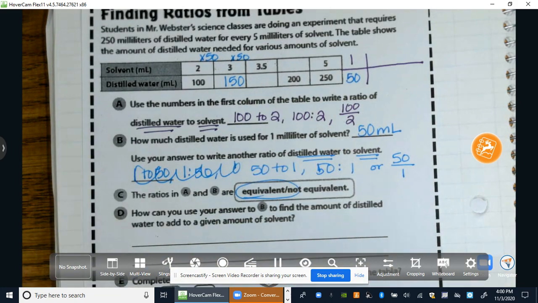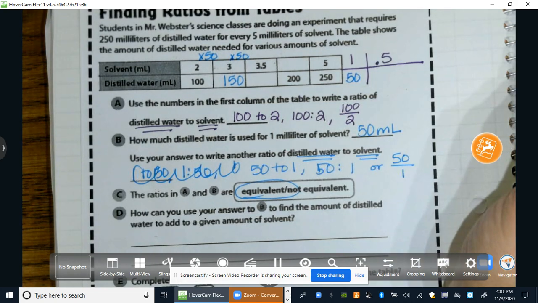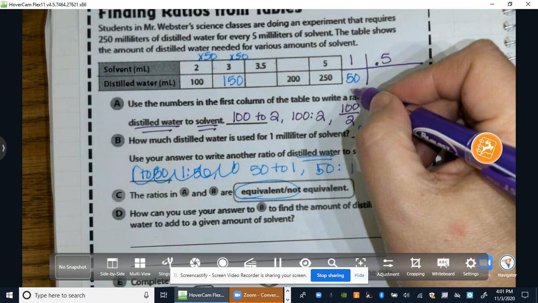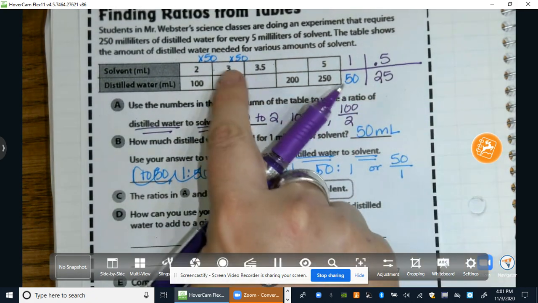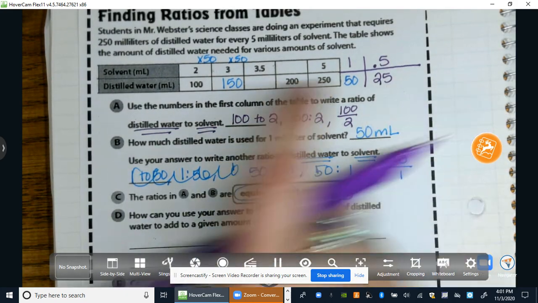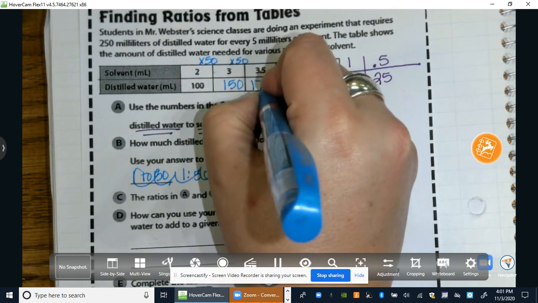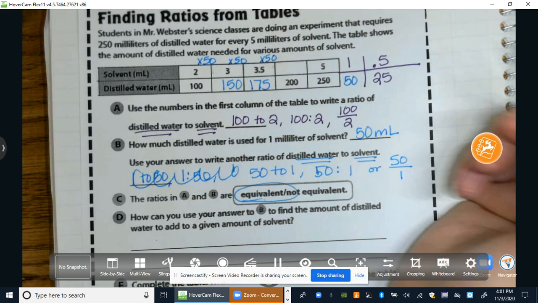Well, I can make a half by dividing 1 by 2, I get a half. And if I divide 50 by 2, I get 25. So if 3 was 150 and a half is 25, my total would be 175. And again, you can multiply it by 50 and get the same answer.